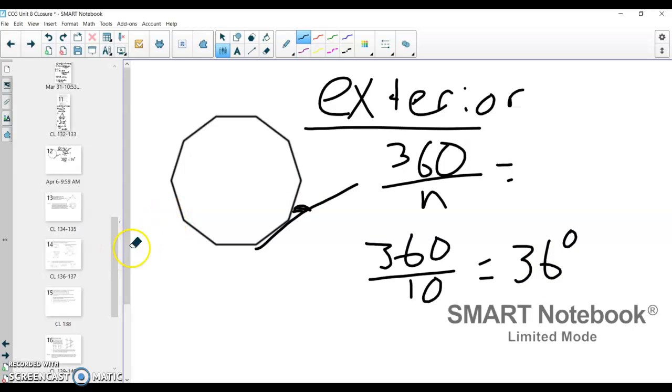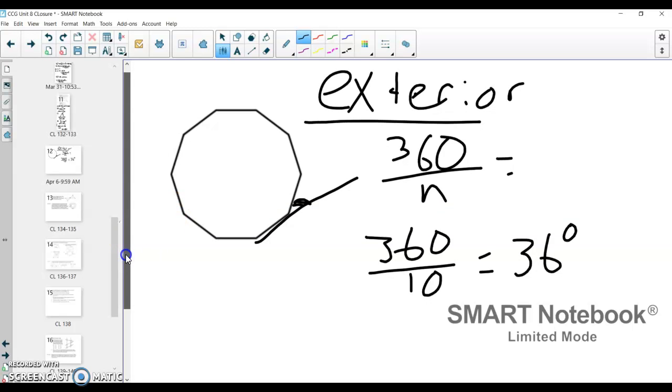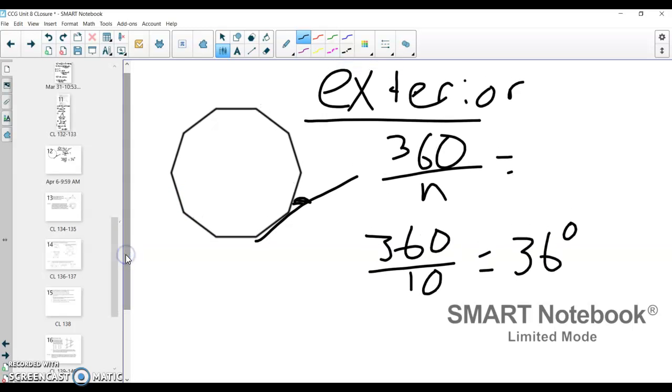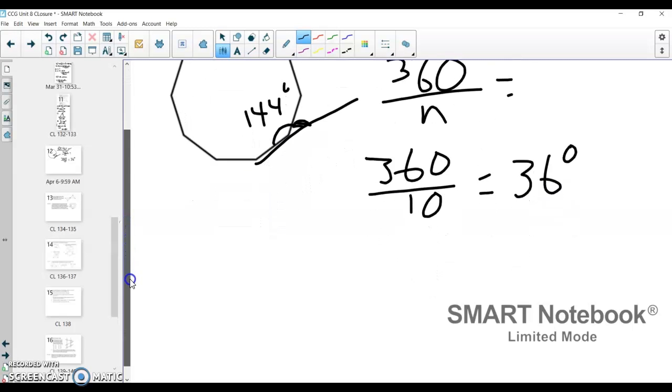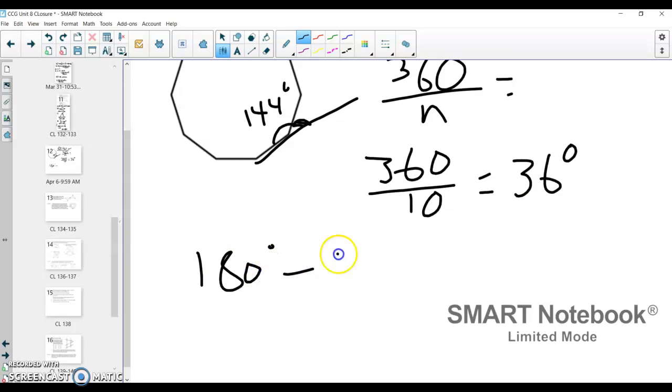The other way to find an exterior angle is to use the interior angle. From what I just saw, this interior angle here was 144 degrees. Another way to find the exterior angle is to take 180 degrees minus your interior angle. If you do 180 minus your interior, you'll always get your exterior.